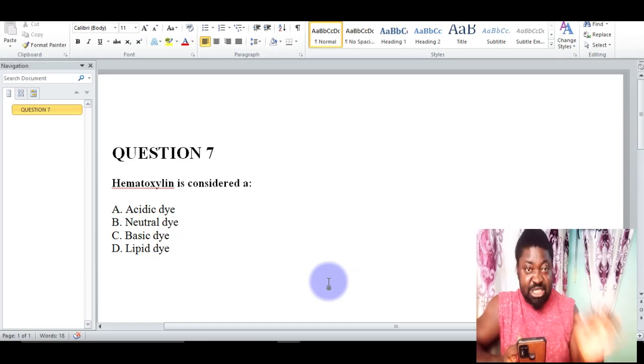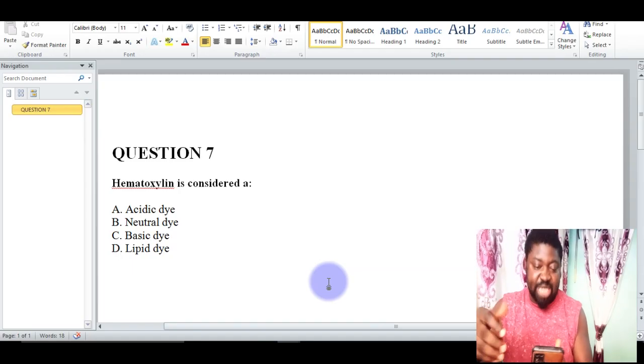If the stain is basic, then the strand itself, DNA or RNA, has to be acidic. So this is the sense of it. We should choose option C, which in this case is basic dye. Let's move to the next question.